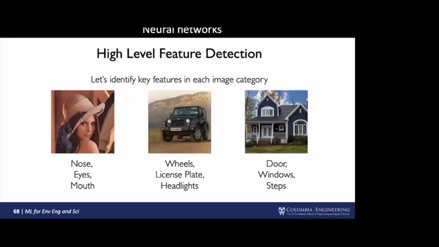When humans look at images, we don't process every pixel individually. We recognize features. For example, for faces, we notice things like eyes, nose and the mouth, right? For the middle image, like the cars, we look for wheels, headlights, and license plate. For houses, we recognize doors, windows, and steps.